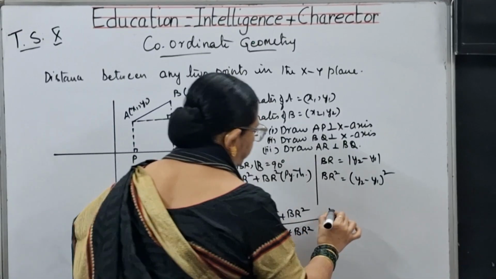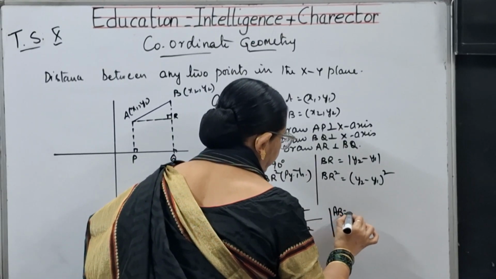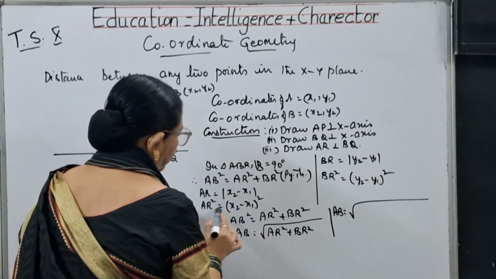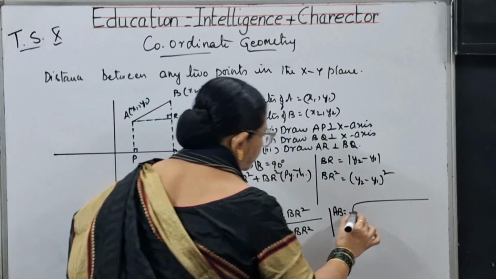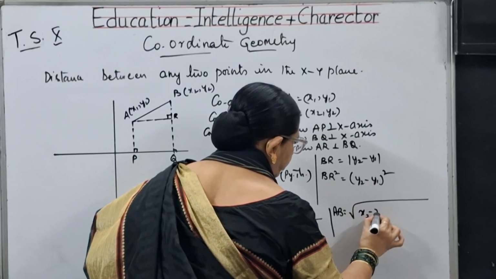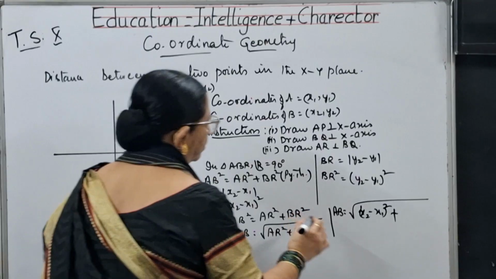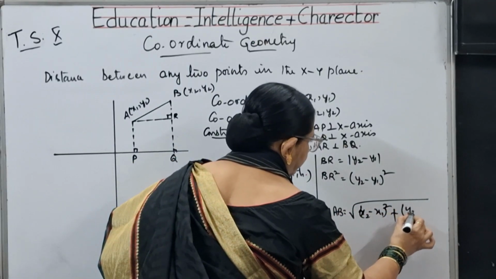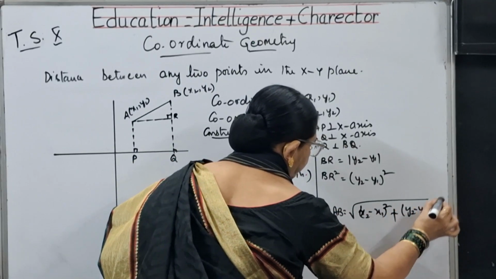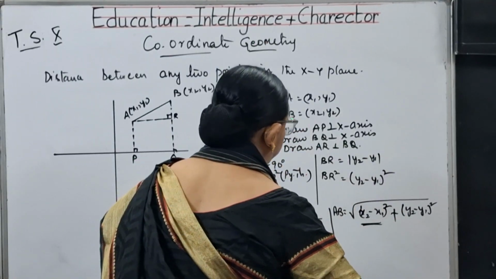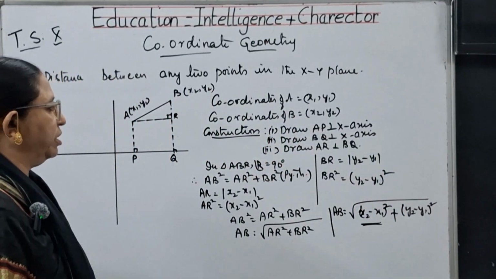So AB is equal to root of, what is AR square? AR square is x2 minus x1 whole square, plus BR square, which is y2 minus y1 whole square. So this is the derivation for the distance formula, children.